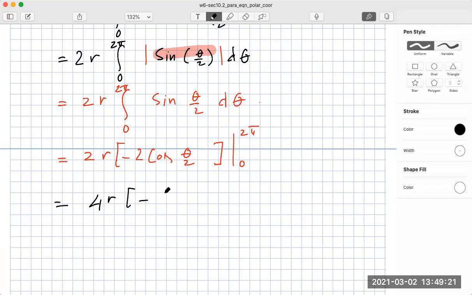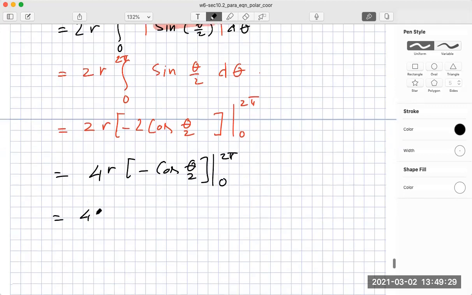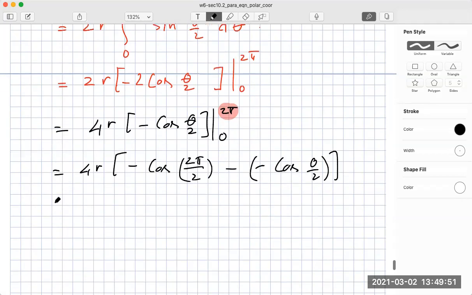It will be 4r times, we substitute the upper limit. It will be negative cosine of pi, and minus the negative of the lower limit.